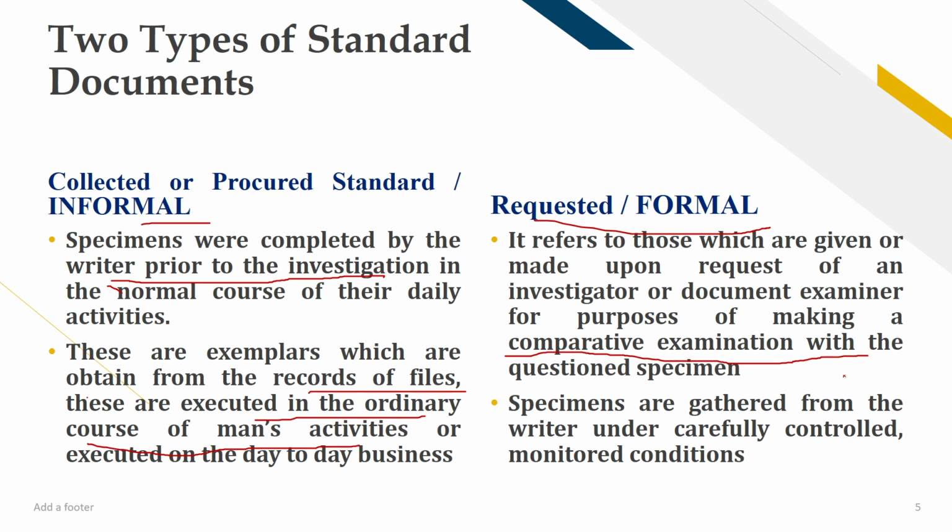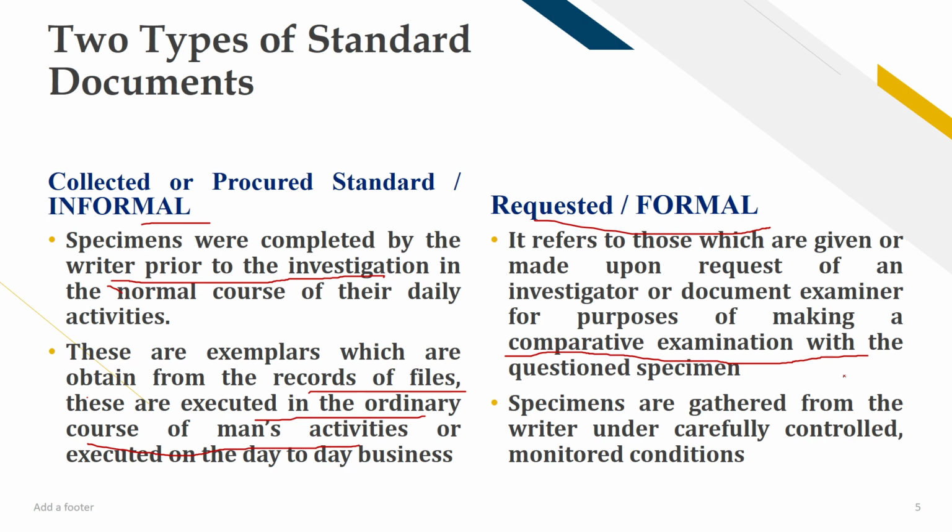May mga paraan po kung paano natin hihingin yung suspected forger kung paano siya susulat or pipirma. Ito po yung uri ng standard na kung saan after magkaroon ng issue sa isang dokumento, atin pong ipinapatawag yung suspected forger or yung alleged person who executed the signature to execute his signature.